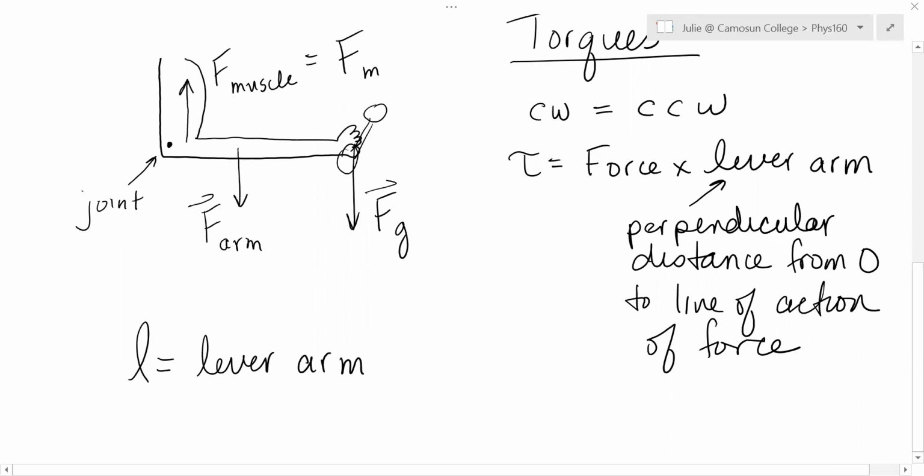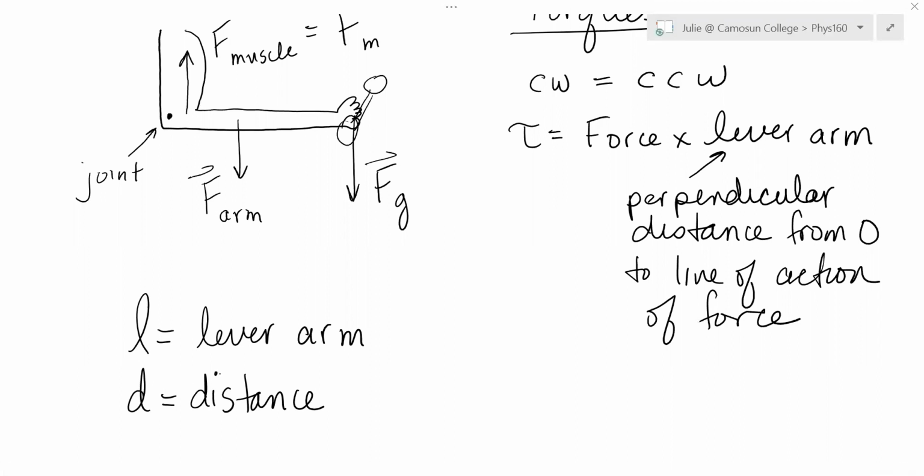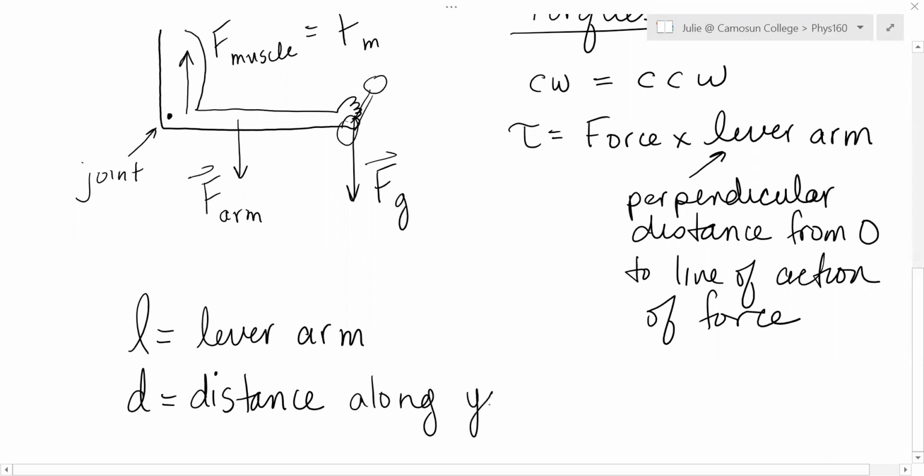And unfortunately, D is the distance along your body segment. Now that's opposite to what we just did in the last chapter, and I'm sorry about that, but all my assignments and solutions are already made up, and this is what I've used. So D is the distance along your body segment.